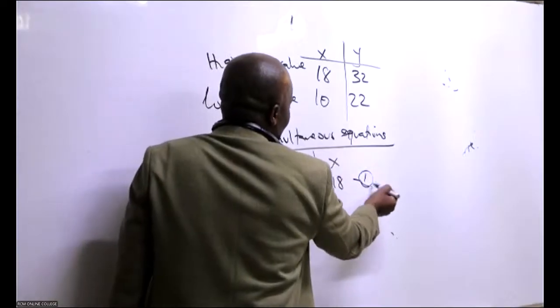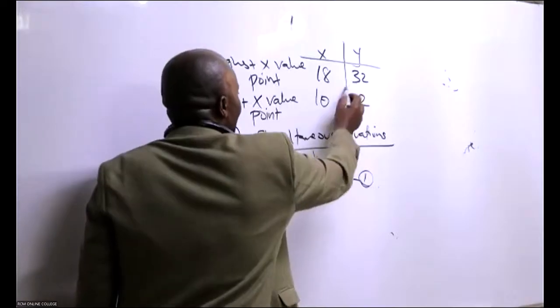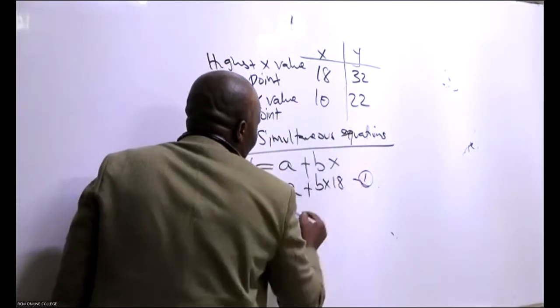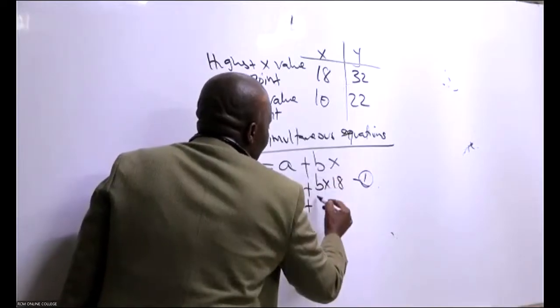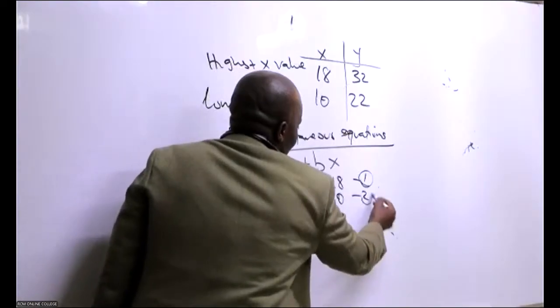You can call this equation 1. The second equation: y, which is 22, equals a plus b times 10. Equation number 2.